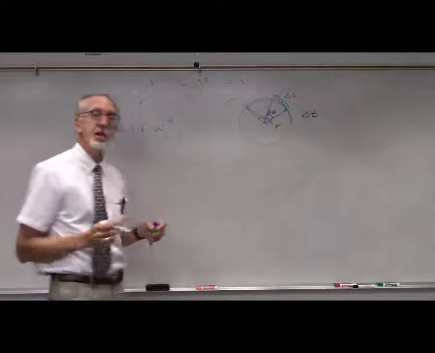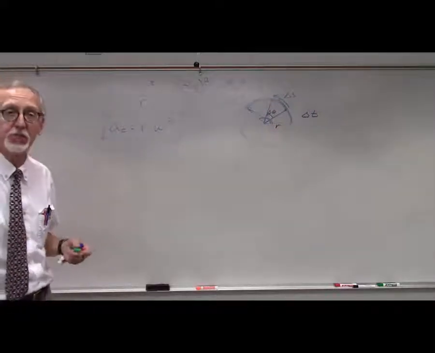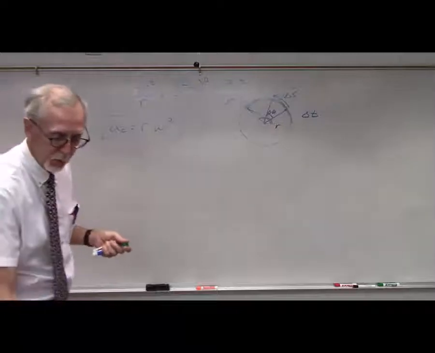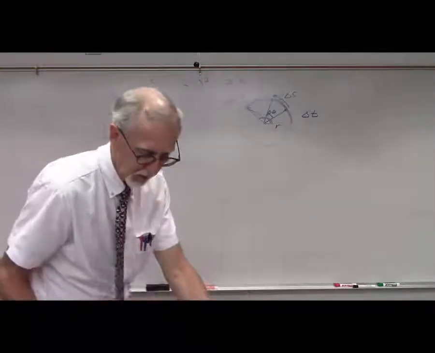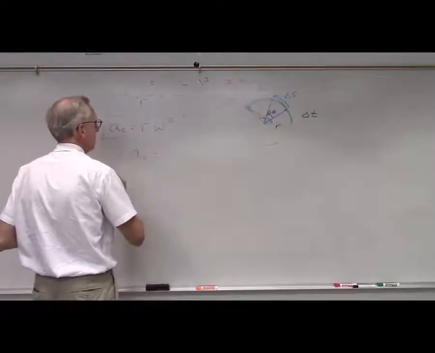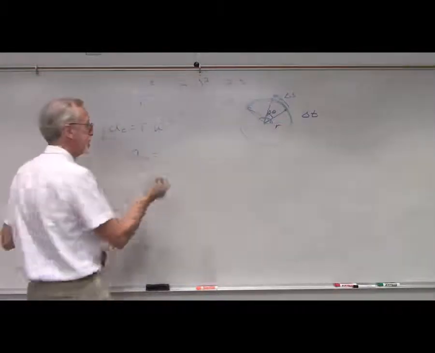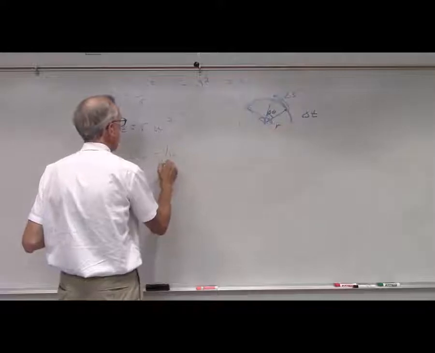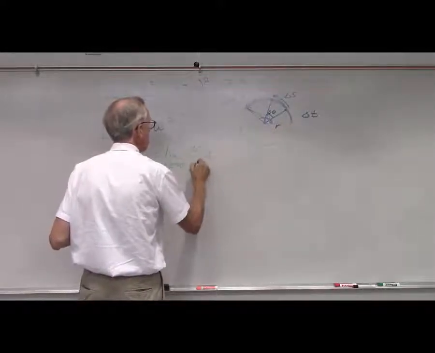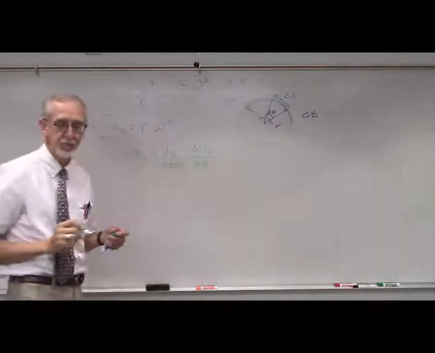So the linear acceleration at that point must also be changing. In other words, the tangential speed must be changing. Well, how much is that changing? Well, let's think about the tangential acceleration. In the same way that we looked at other accelerations, we can imagine that over a small time interval, what is happening to the tangential speed?